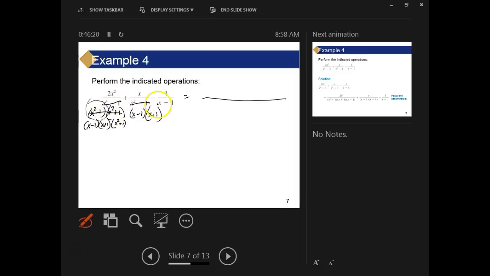Every term has an x minus 1, so I know there's going to be an x minus 1 in it. Two of the terms have x plus 1, so I know there's got to be an x plus 1 in it. This term has an x squared plus 1, okay, and this one is already covered and that one's already covered. So that's our least common denominator, which is the denominator of the first fractional form, right?